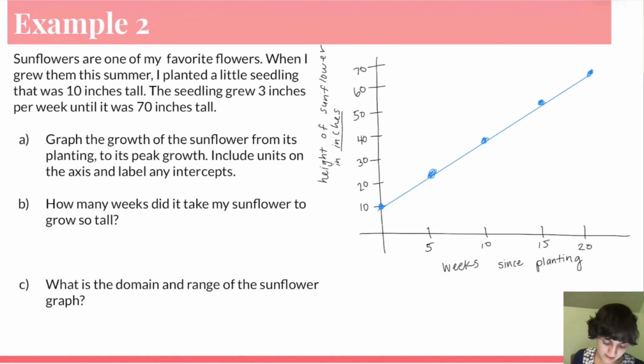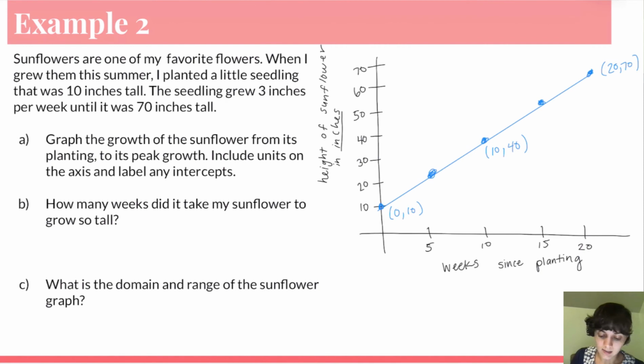But the main points that I wanted to have on here was 0, 10, and then 20, 70. So those are some of the points. I guess I also have 10 and 40 right there. So I think as long as you have those points on there, no matter what units you used, that looks good.